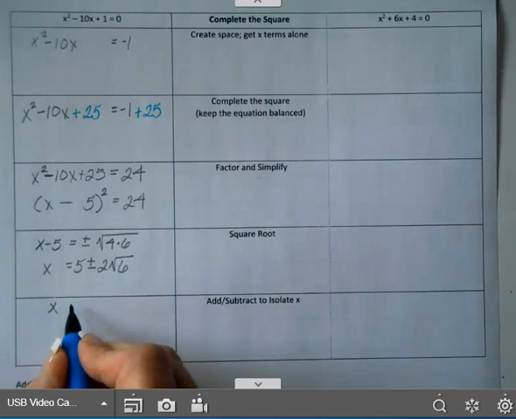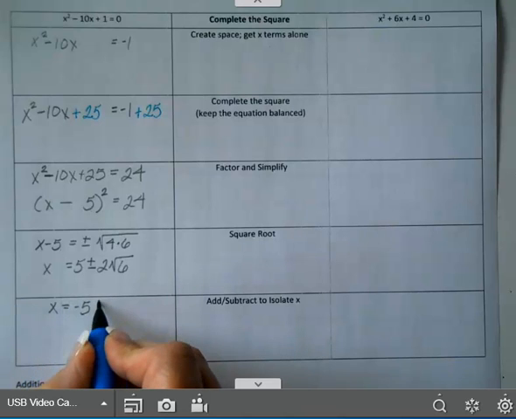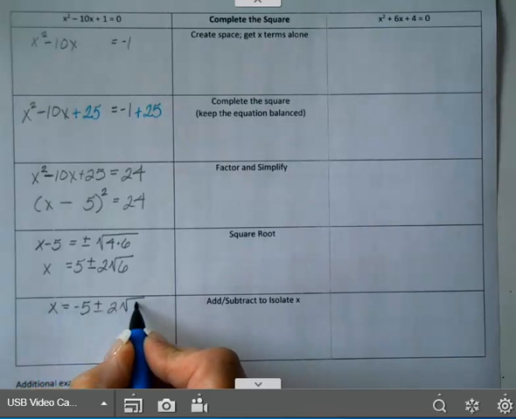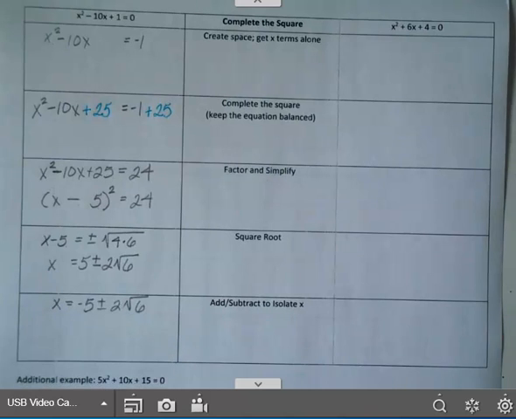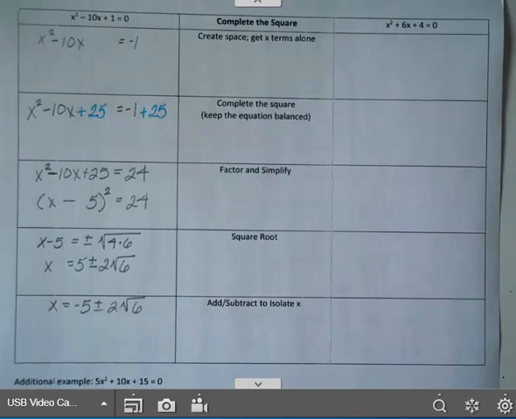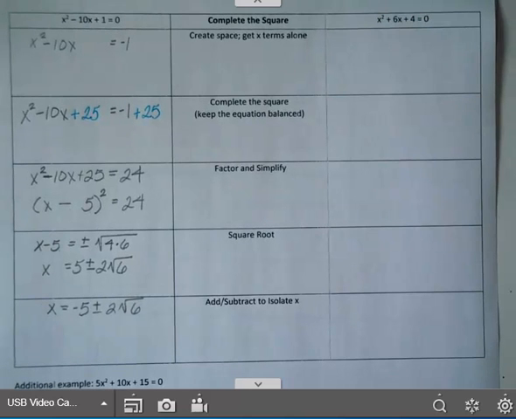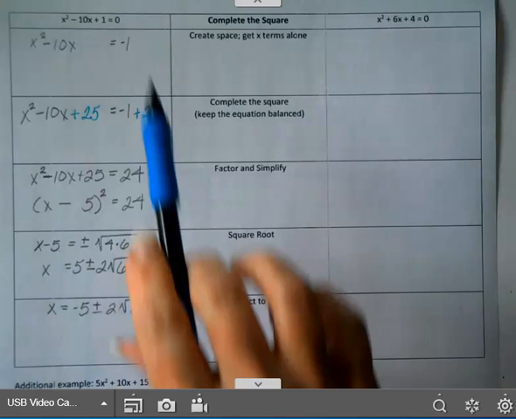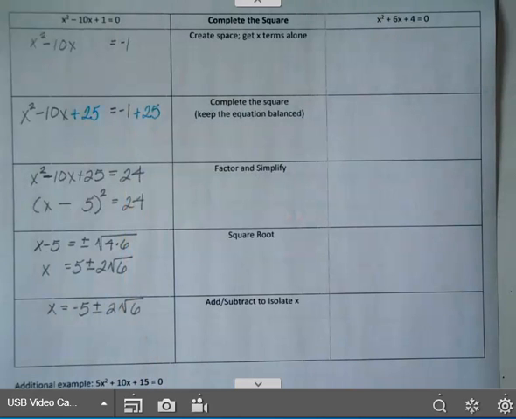So your final answer, if you want it as an exact answer, is 5 plus or minus 2 square root of 6. If you wanted to find a rounded value to see where that would be as a solution, you could. Or if you had this set equal to y and you were graphing it, you could.